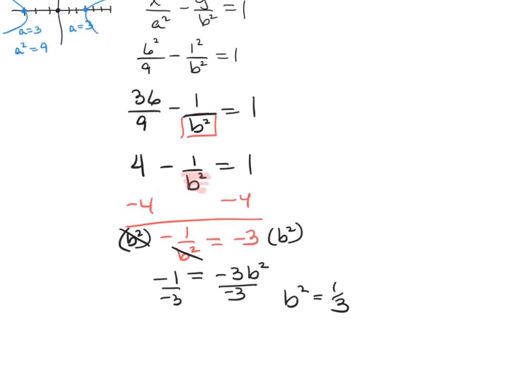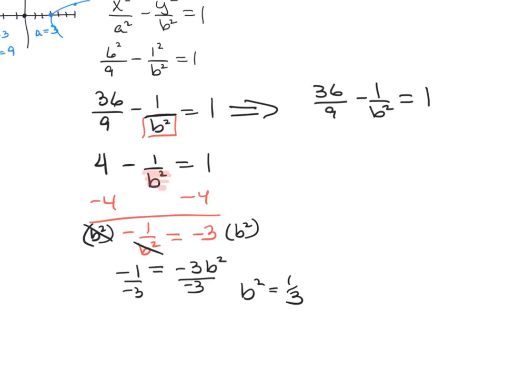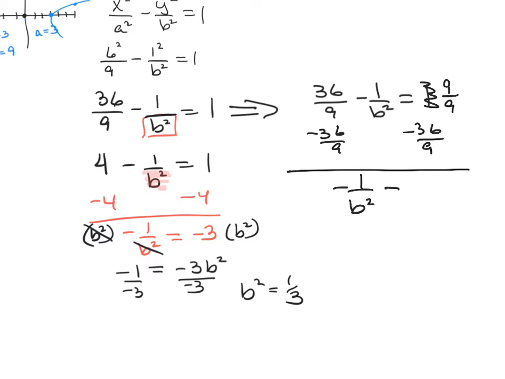Now, what we could have also done at this step instead is leave it a fraction and work with it that way. Subtract 36 over 9 instead of subtracting the 4. I'm going to change the whole number 1 so it has a common denominator. So negative 1 over b squared, and then over here it'll be 9 minus 36, which will be a negative 27 over 9.